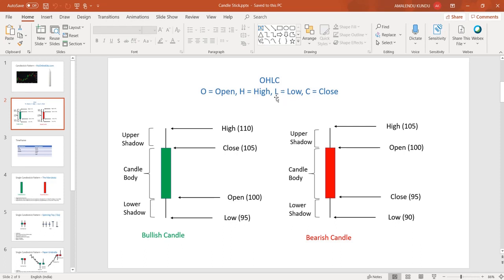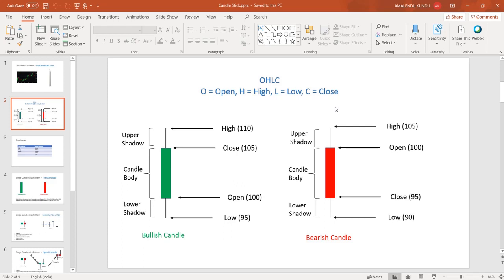Low means the price went down to its minimum, so that is called the low of that day or time frame. And close is finally the price at which it closes, right? These are the four normal activities that a stock has in a particular day or time frame.